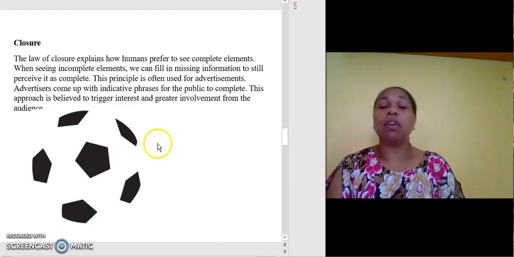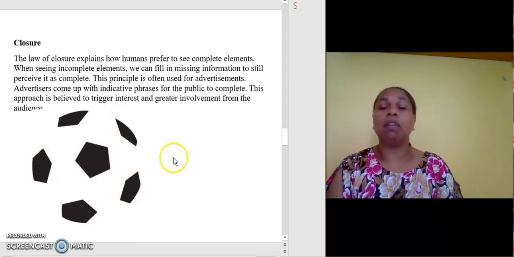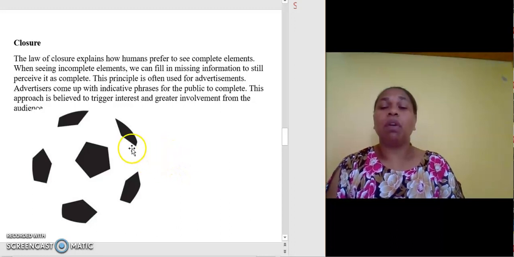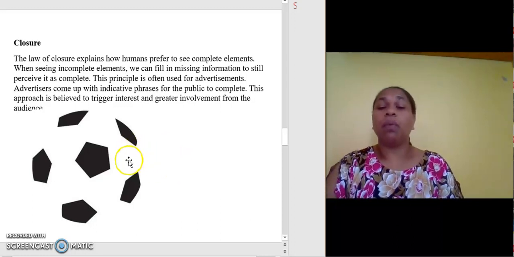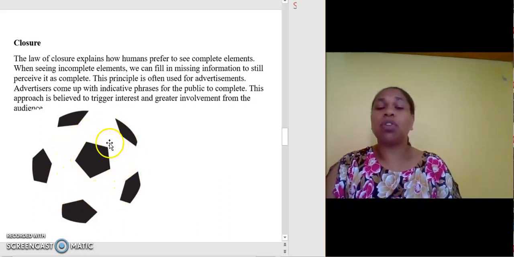Now, when we take a closer look, there are 6 pentagon black shapes being placed in a circle with white gaps in between. So why do we say that it has the shape of a ball?